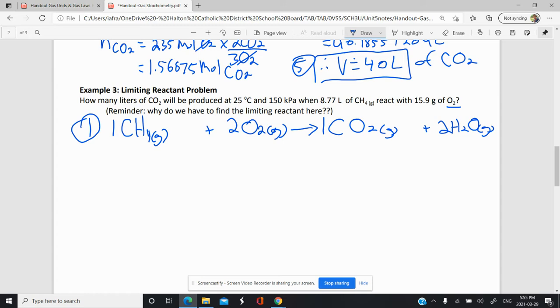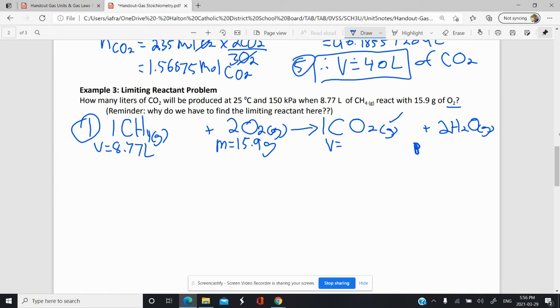Then we're going to go ahead and write down some information that we have. So for oxygen, we're given that we have a mass of 15.9 grams. And for CH4, we are given that we have a volume of 8.77 liters. And now we are looking for the volume of CO2. Now it's a gas, and we have a bunch of stuff given to us.